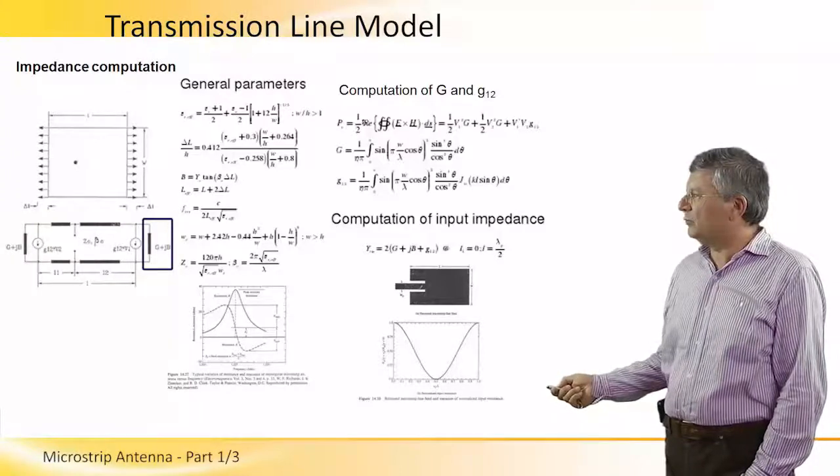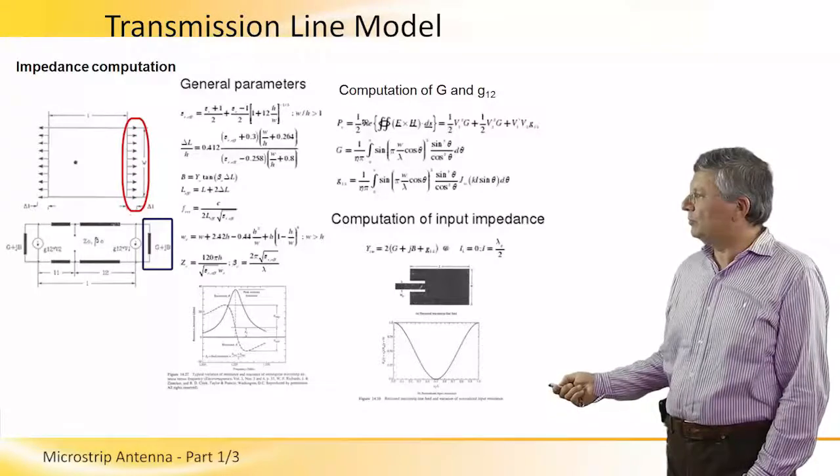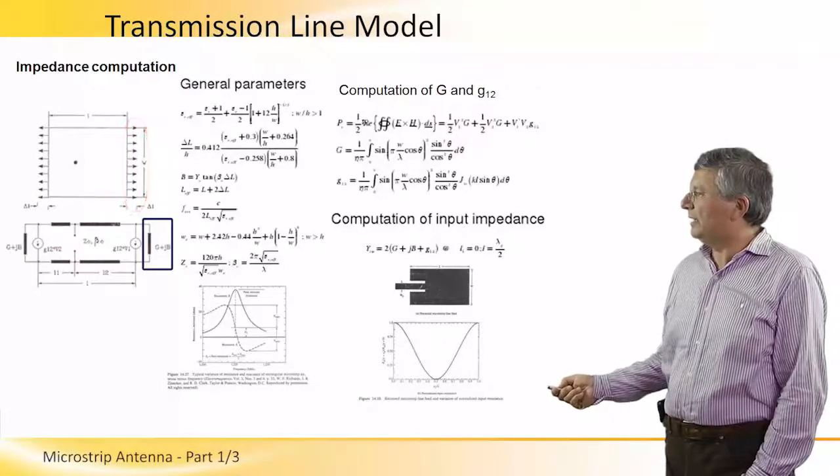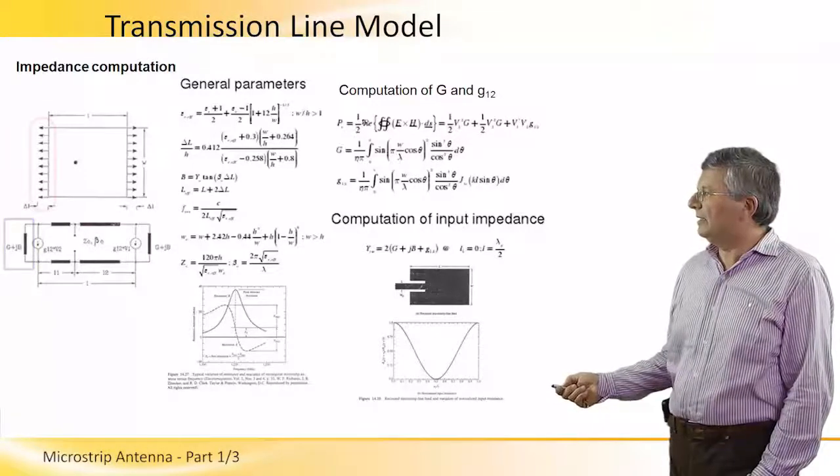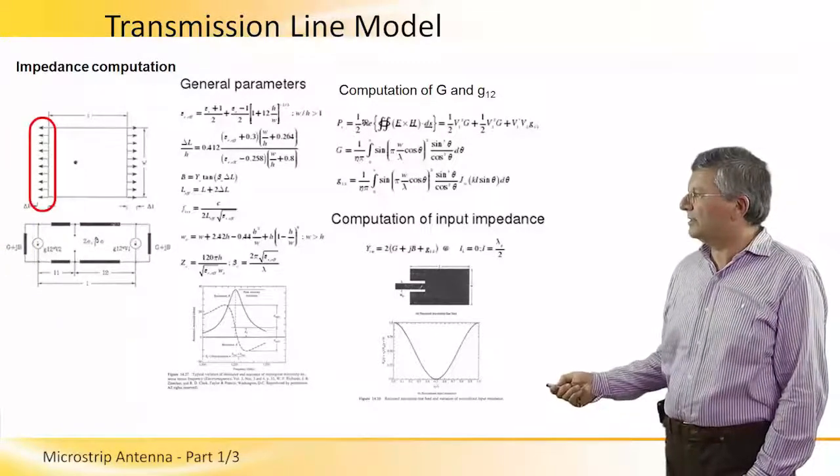One is G plus JB due to this radiating slot, and another G plus JB representing the radiation losses of these radiating slots.